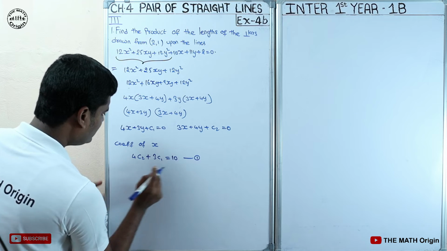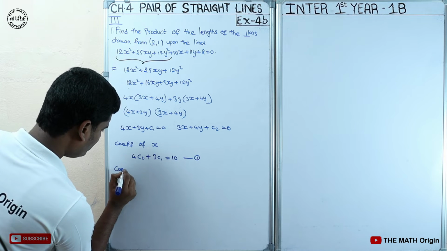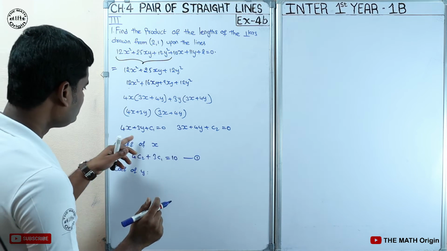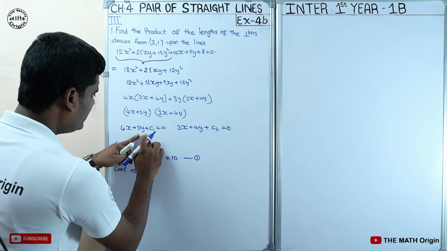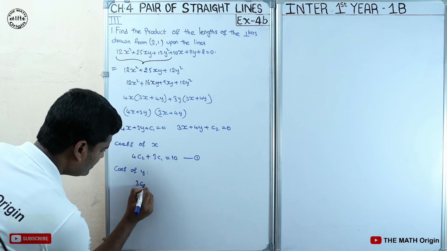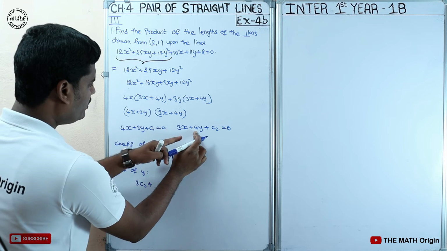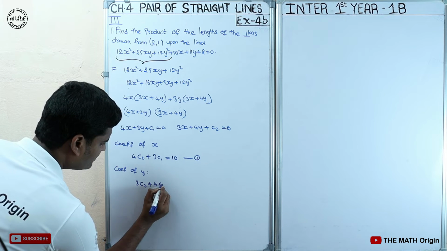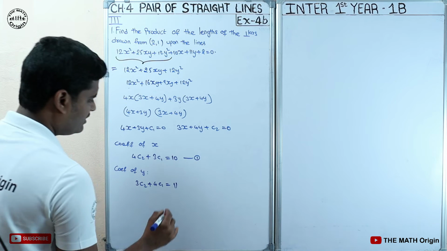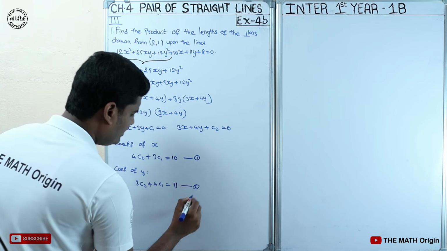This is equation 1. In the same way, the coefficient of y: 3y into this complete equation, c2 into 3, 3c2 plus 4c1, equals the coefficient of y, which is 11. Now this is the second equation.